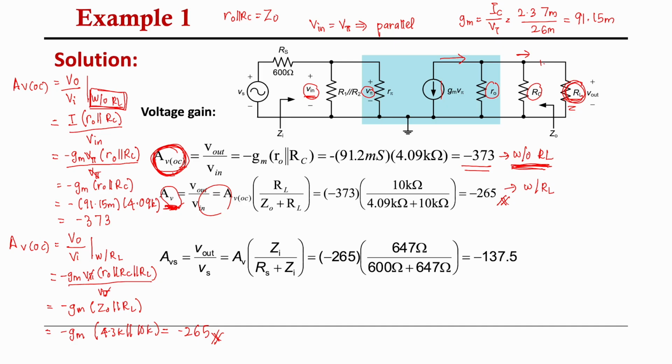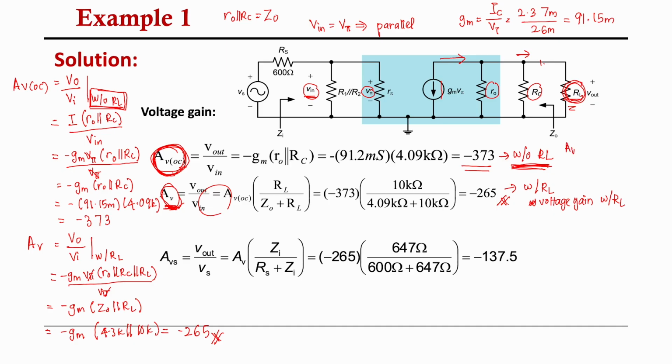However, if the question asks about AV, it's better to write AV. It's easier. If the question asks about AV, then AV is the value of the voltage gain with RL.